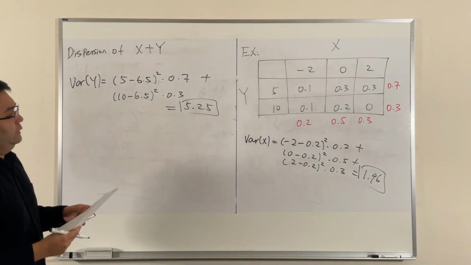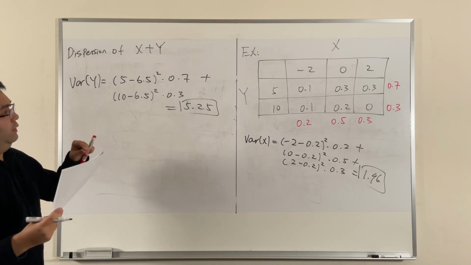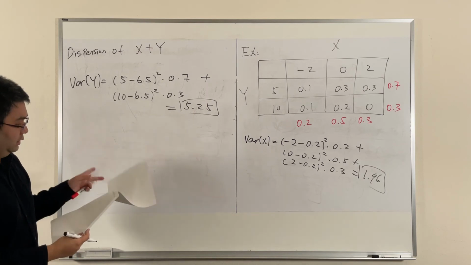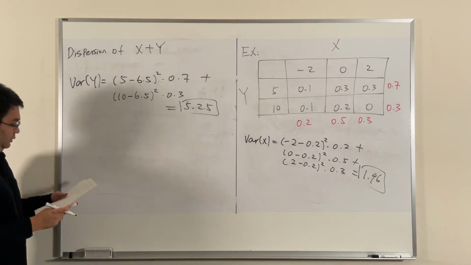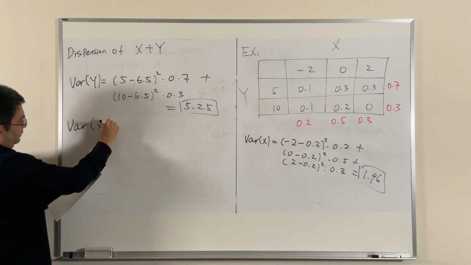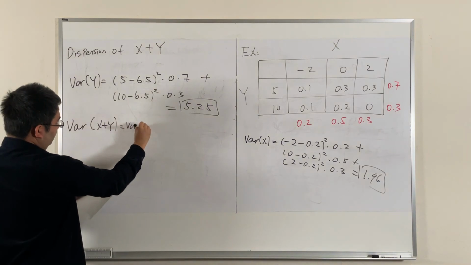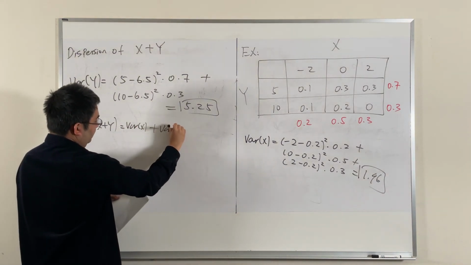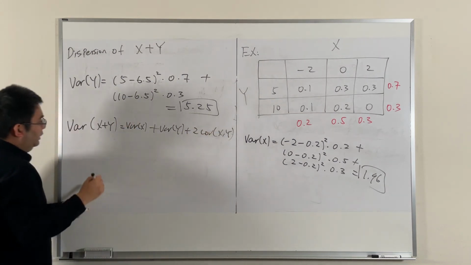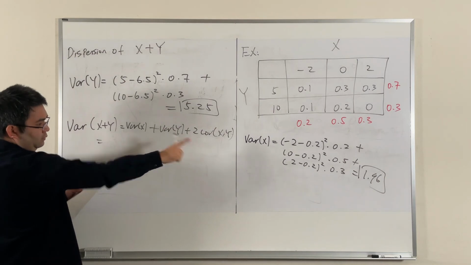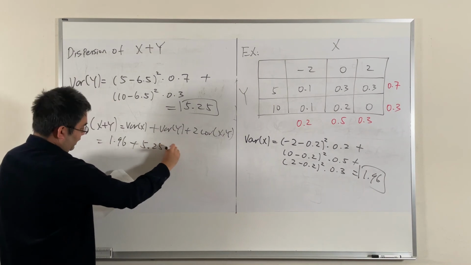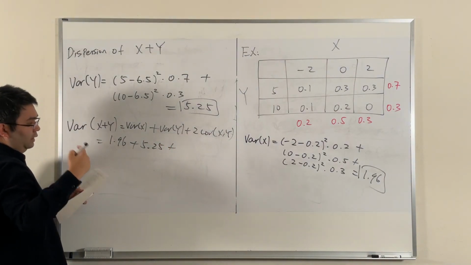We have the covariance of x and y, variance of x and variance of y. Now we are ready to get the final variance we want, the variance of x plus y. The variance equals variance of x plus variance of y plus 2 covariance of x and y. We have variance of x 1.96, variance of y 5.25, and we got the covariance to be negative 1.3.